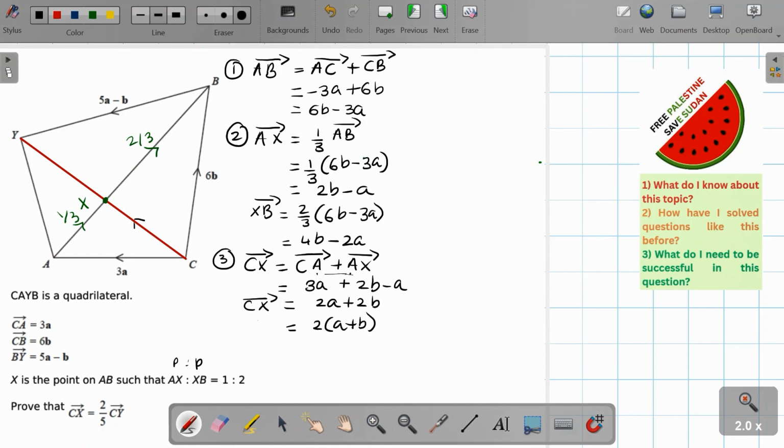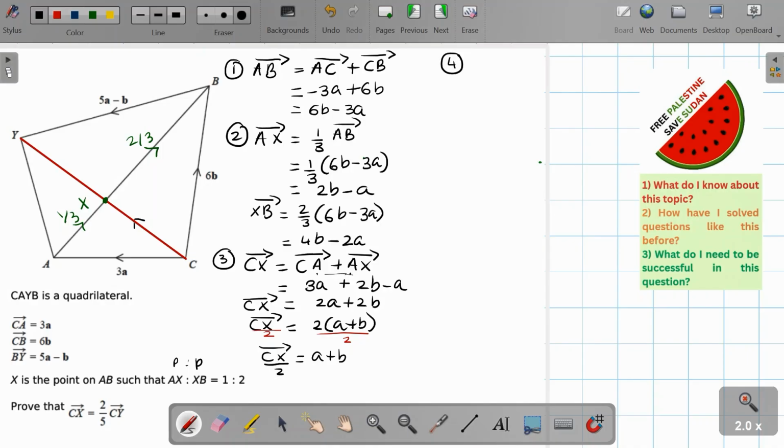I'm going to factorize this. That gives me CX. If I divide both sides by 2, I get a plus b is CX divided by 2.